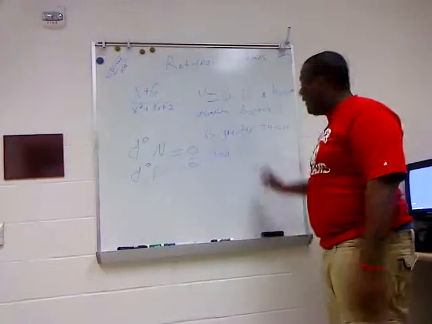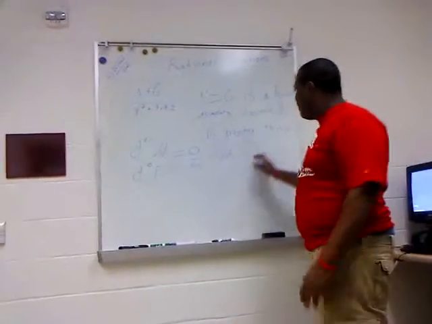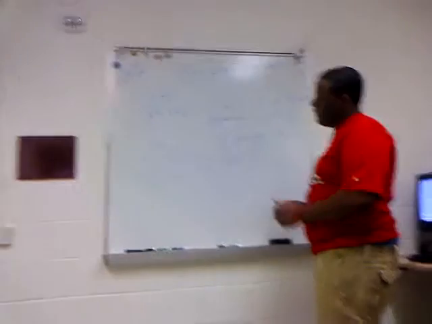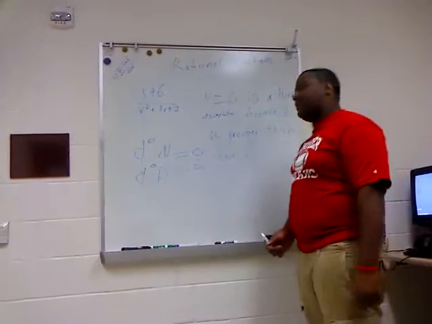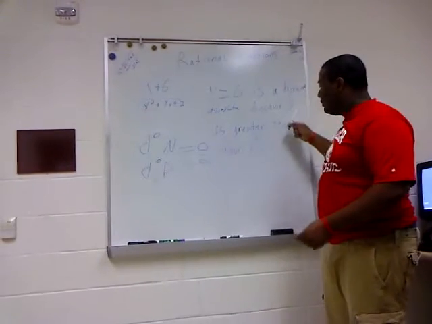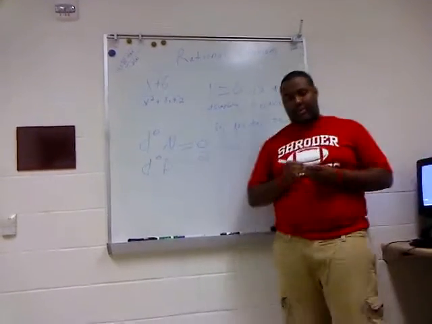I'm using N and D as short for numerator and denominator. So y equals 0 is a horizontal asymptote because the degree of D is greater than the degree of N. Thank you.